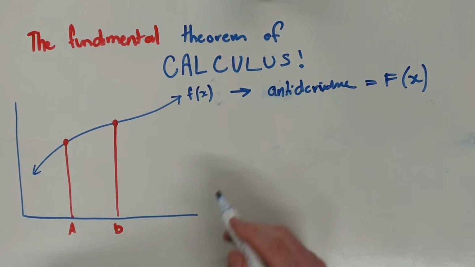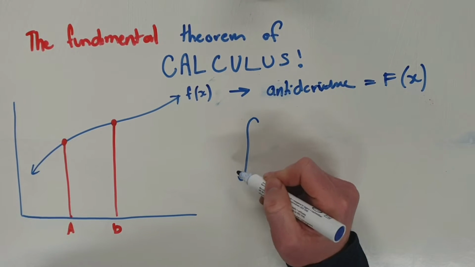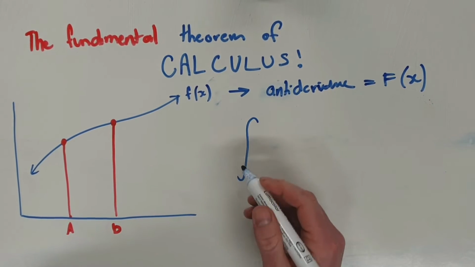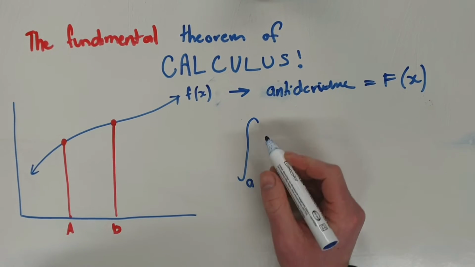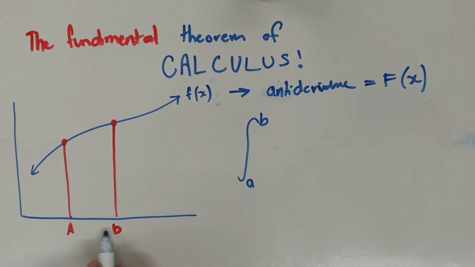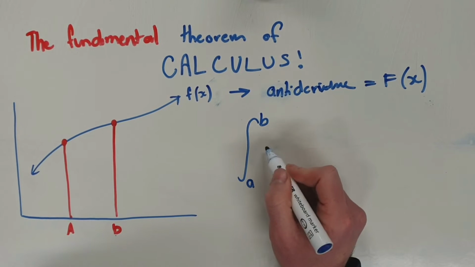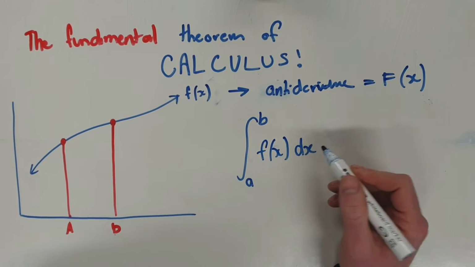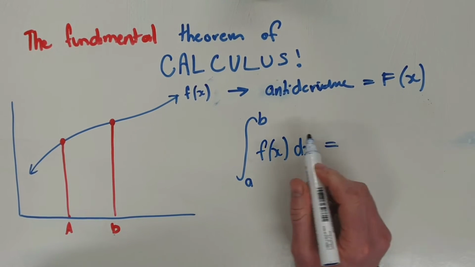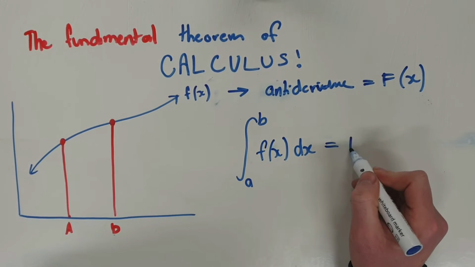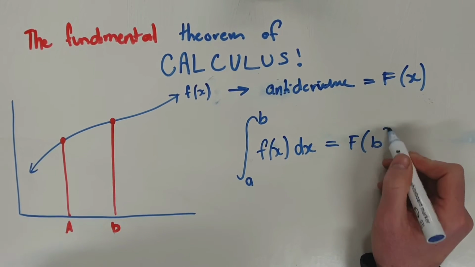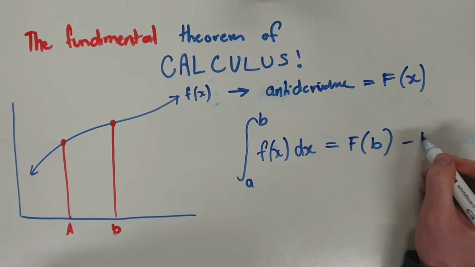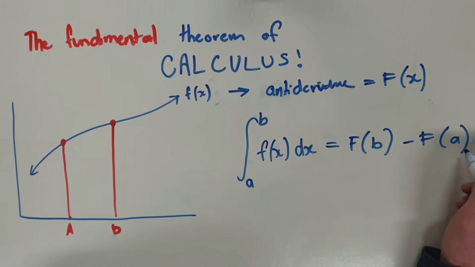And if that does exist, then we talk about it as the integral, using this integral symbol, between a and b, which is literally just the bounding values that we give it, of f of x with respect to x, dx, is given by capital F of b subtract capital F of a.